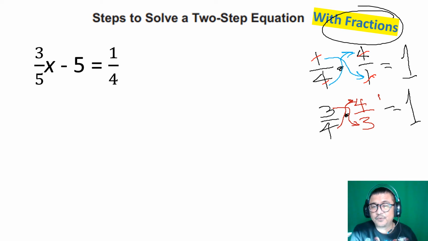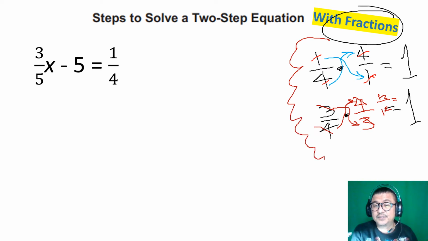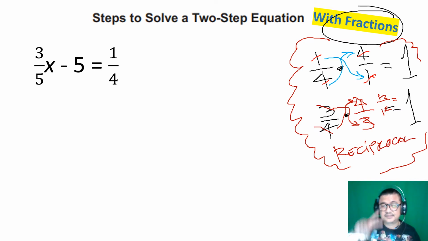That becomes 12 over 12, which is equal to 1. That cancels out. It equals 1. Remember that. To get rid of that fraction, you multiply it by its reciprocal. We studied this before. See this one, reciprocal. So remember that concept when we move now to two-step equations.